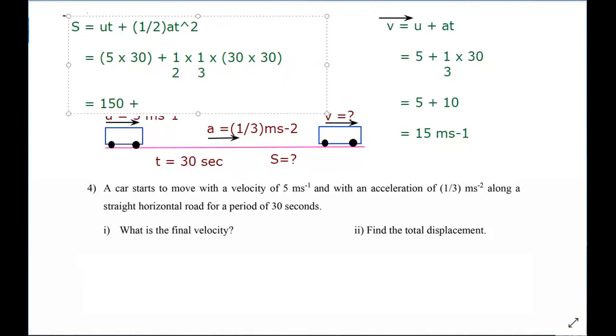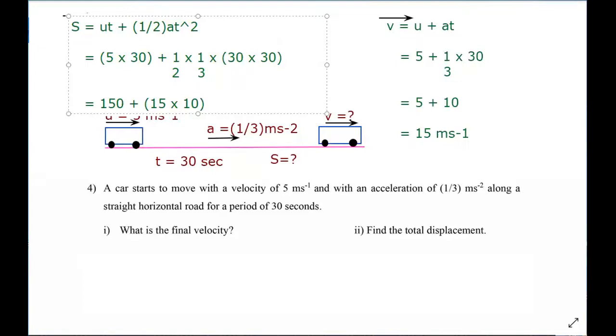Now see the beauty. This 30 divided by 2: somebody please tell me the value of 30 divided by 2. 15. Very good. Then the second 30, divided by 3, what is 30 divided by 3? 10.